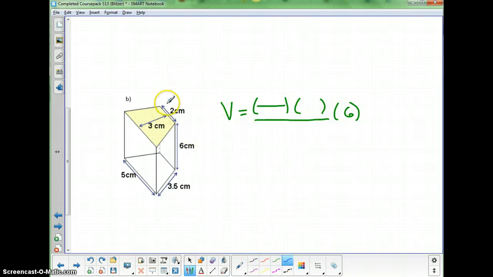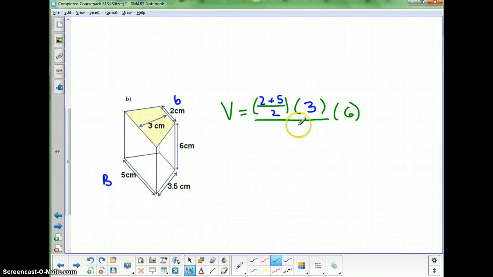The average of the bases, little b and big B of this trapezoid, so it's going to be 2 plus 5 over 2, then multiply by the height of the trapezoid, times 3.